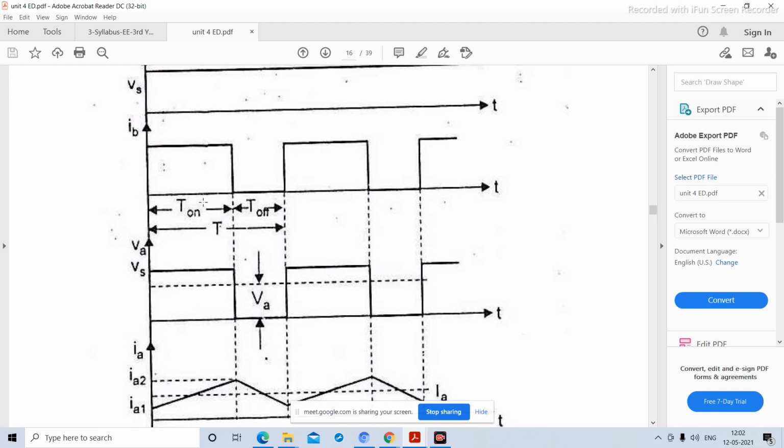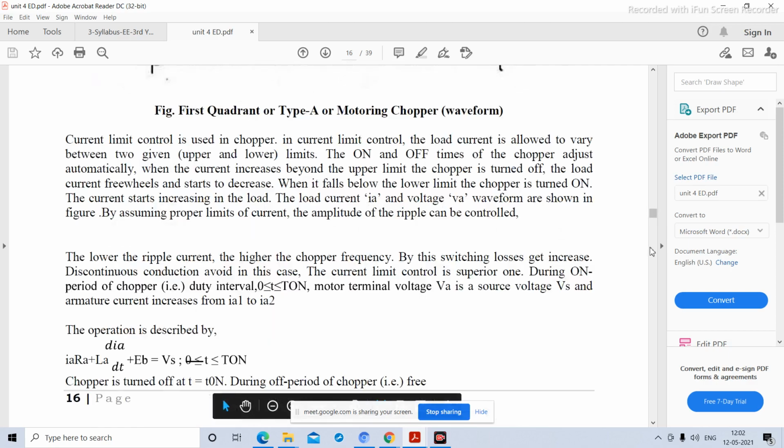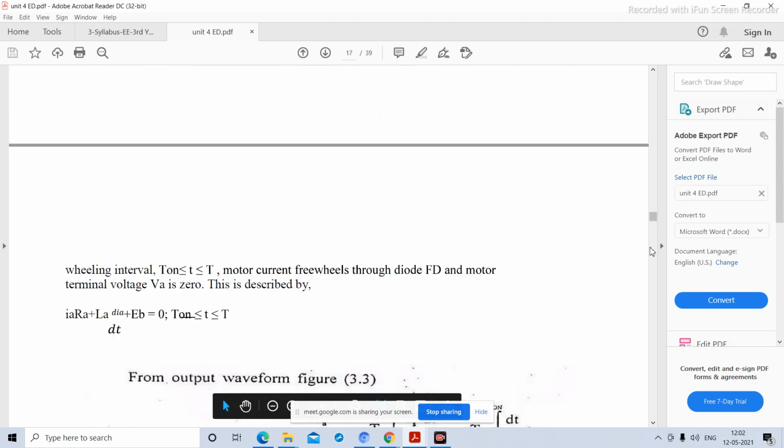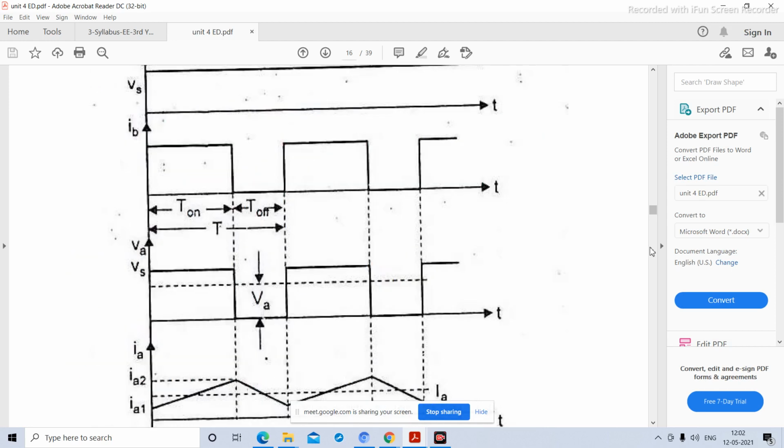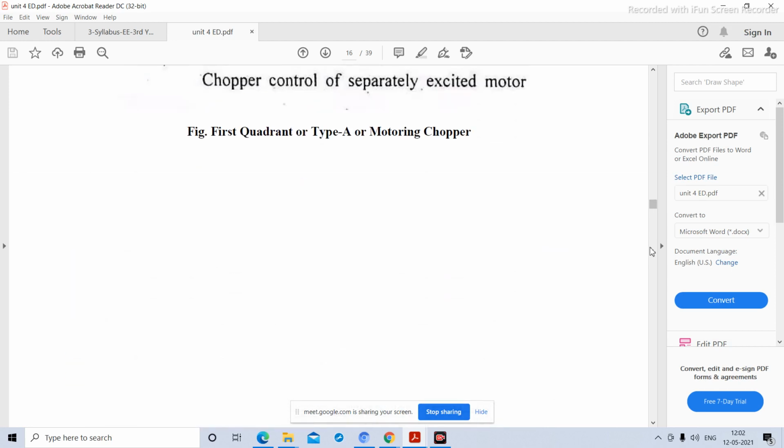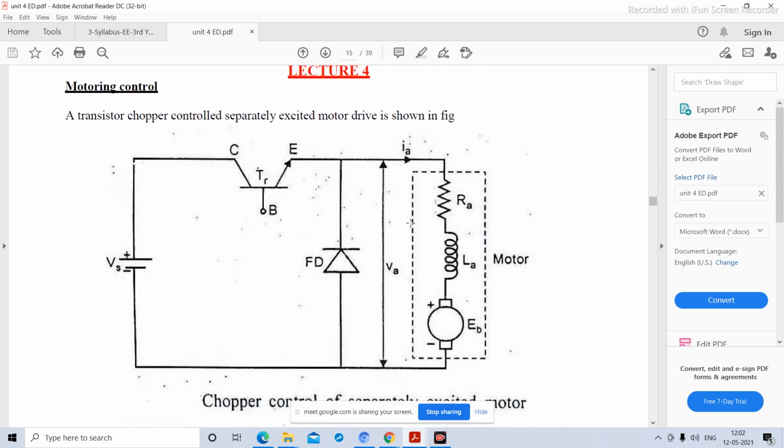During the T on period, the voltage across the motor is Vs. You can check it here. During the T on period, the chopper is short circuited, so the voltage across this motor is Vs. Similarly, in the T off period, the chopper is off, open circuit.